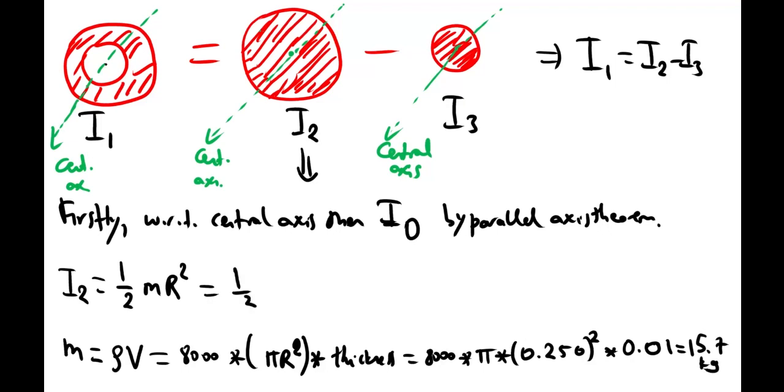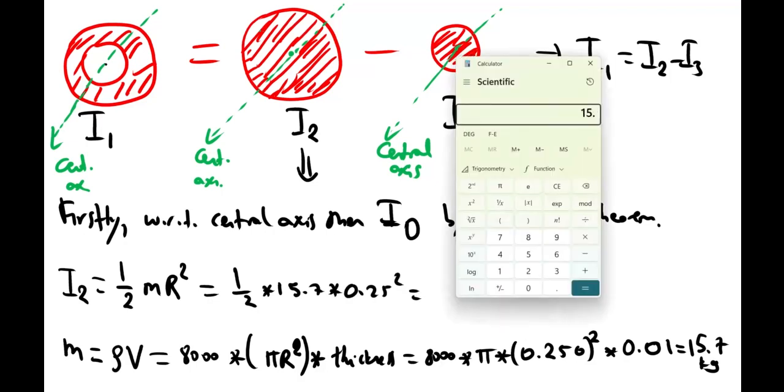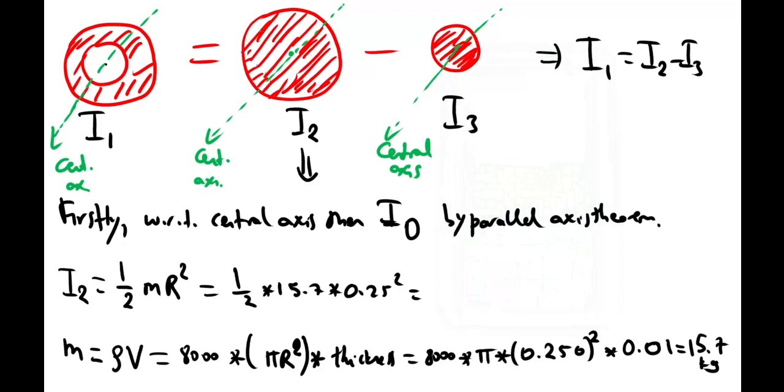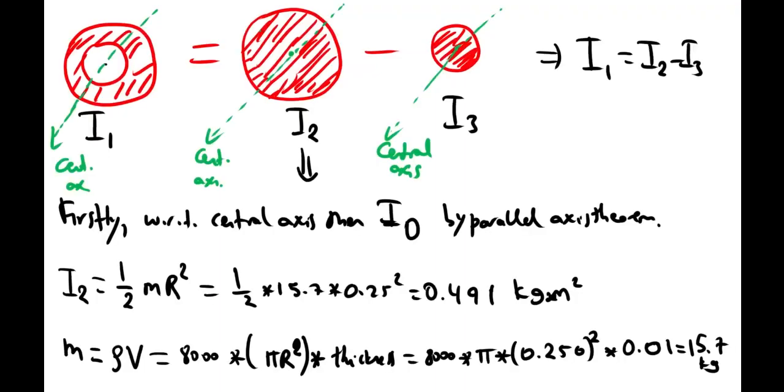From here it will be 1/2 times 15.7 times 0.25 squared, which is 0.491 kilograms meter squared.